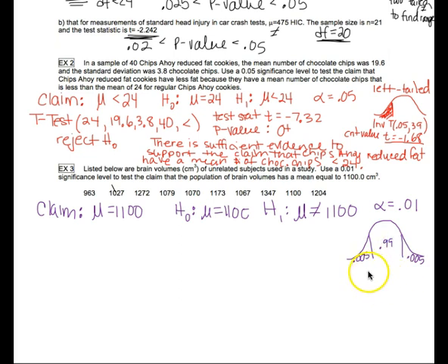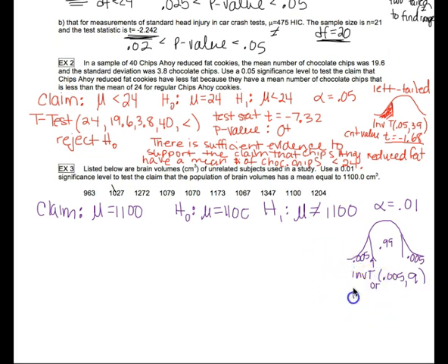So you can either do inverse t of 0.005, which is going to give me this value right here, with degrees of freedom 1 less than n, so 1, 2, 3, 4, 5, 6, 7, 8, 9, 10 pieces of data, so degrees of freedom would be 9.